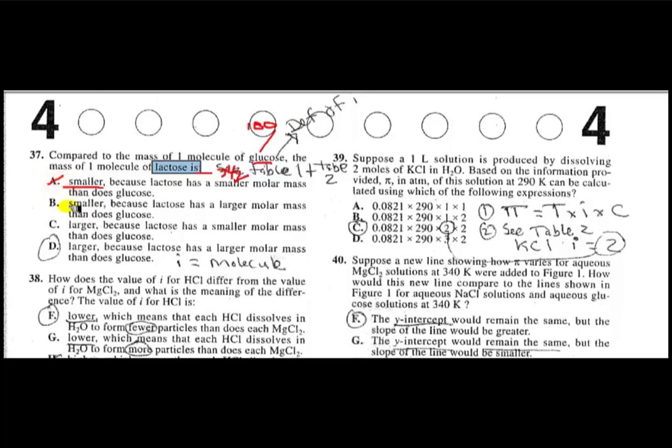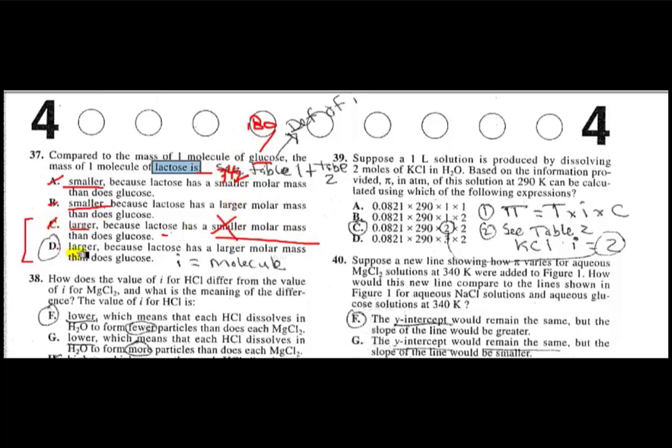A is out because it says smaller. B is out because it says smaller. 342 versus 180. You know that A and B are definitely out. Let's take a look at both of these, C and D. It says lactose is larger because lactose has a smaller molar mass. No, 342 versus 180. That is not smaller.